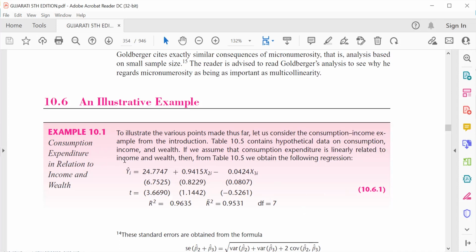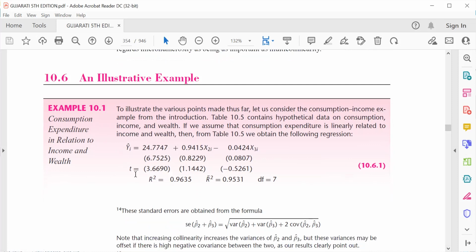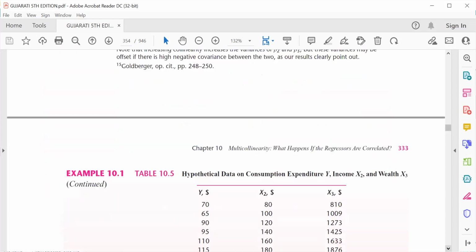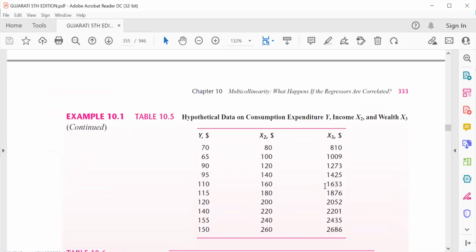We can see here the T ratio is very small, while we have a high R square, almost 100%, 96%. The degrees of freedom is 7. This is hypothetical data.